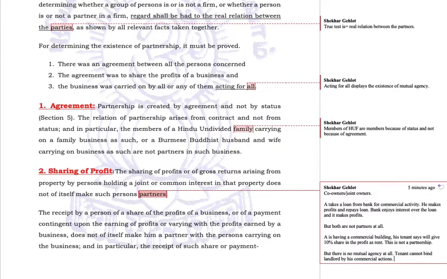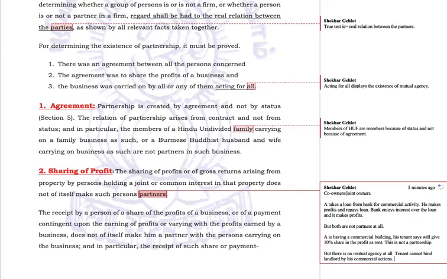Whatever commercial decisions tenant will take, he definitely cannot bind the landlord by it. So landlord is not bound by the decisions tenant takes, but he is only entitled to take 10% profit from the activity carried on by the tenant.